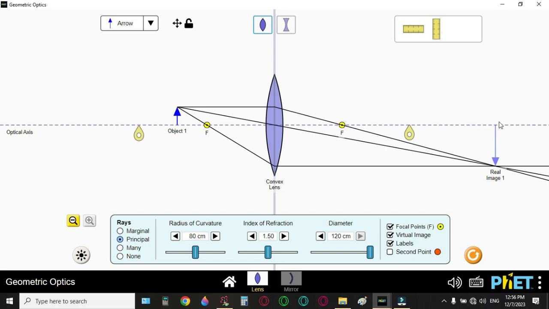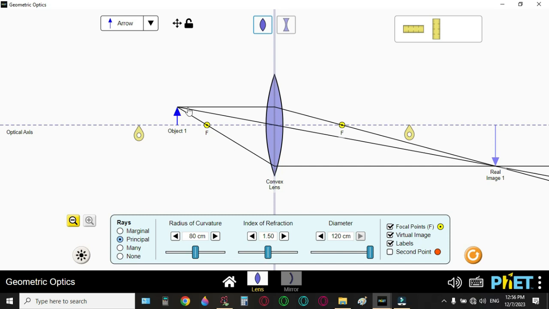Here the image is still real. It is inverted and enlarged, meaning the image here is bigger than the object. So that is the third case.